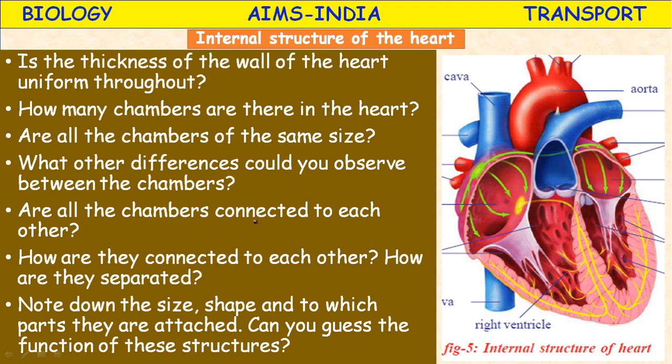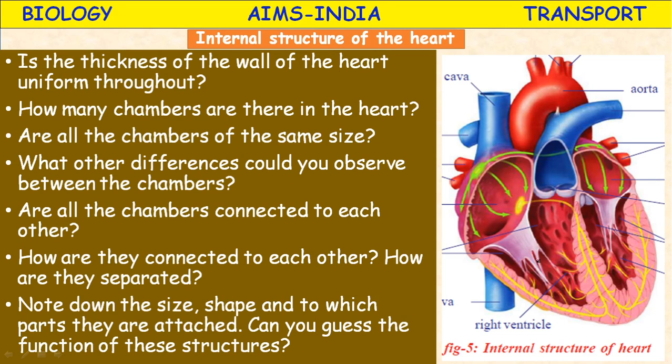Are all the chambers connected to each other? No, they are separated. The two auricles are separated by the interauricular septum. The two ventricles are separated by the interventricular septum.